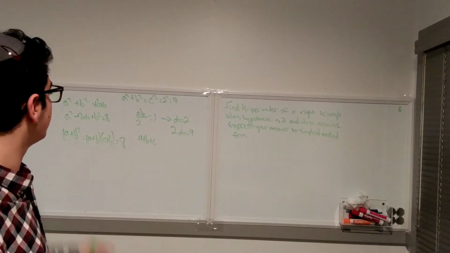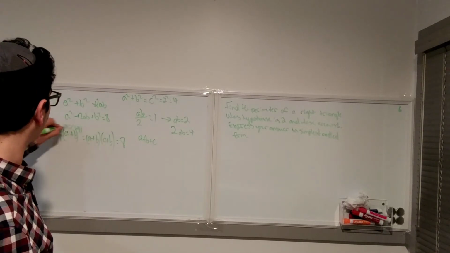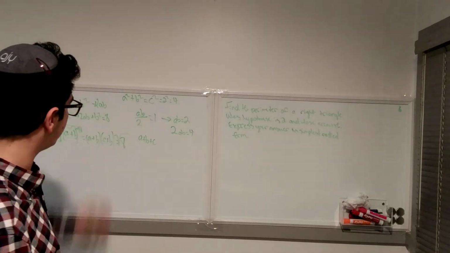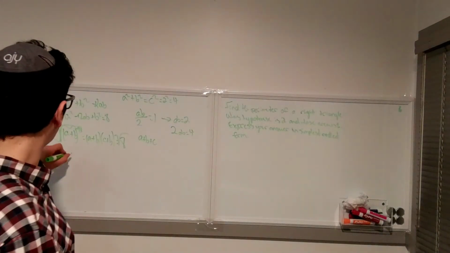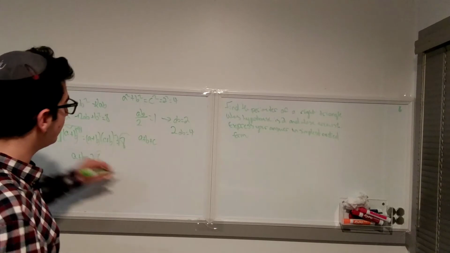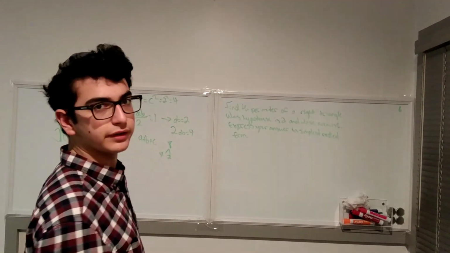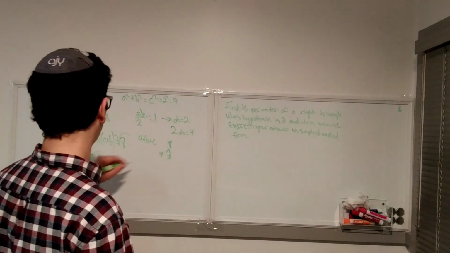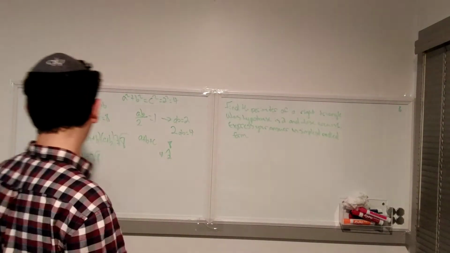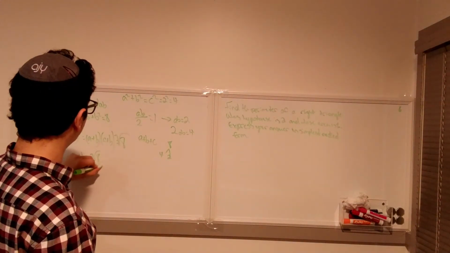So if I take the square root of this, then I can cancel all that stuff out. So a plus b is equal to the square root of 8. Now 8 can be factored into 4 and 2, and the square root of 4 is 2. So a plus b is 2 square root 2.